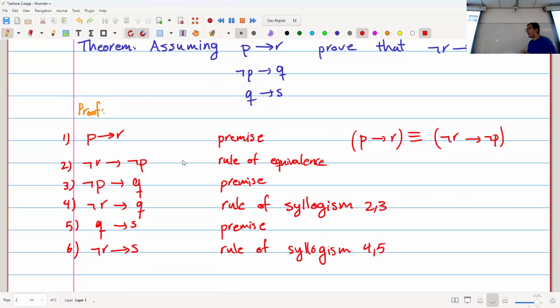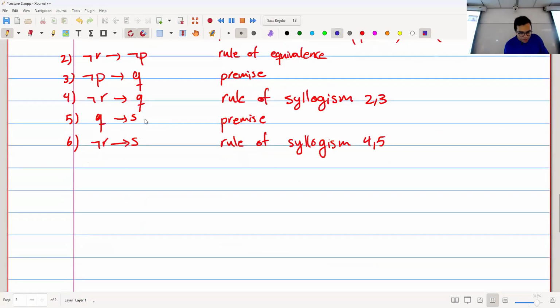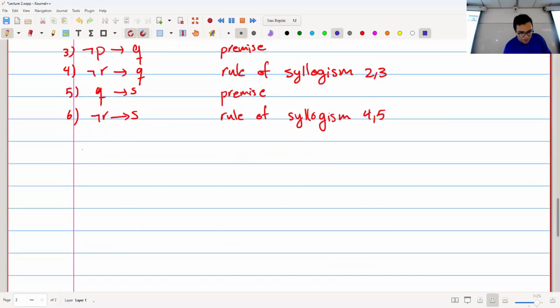I can do and, or, I can do a bunch of other things, but it's limited. So I want to do something much more interesting. I want to do quantifiers. Okay, so quantified formulas, or actually, let me start by defining predicates.